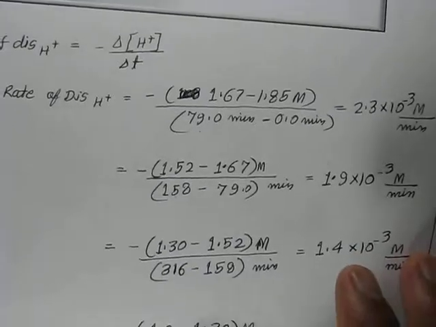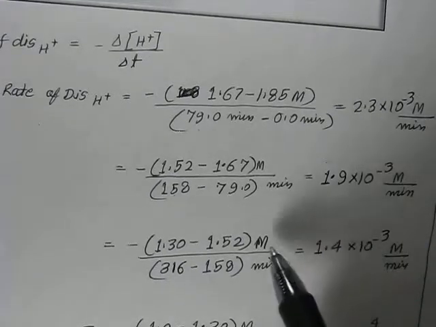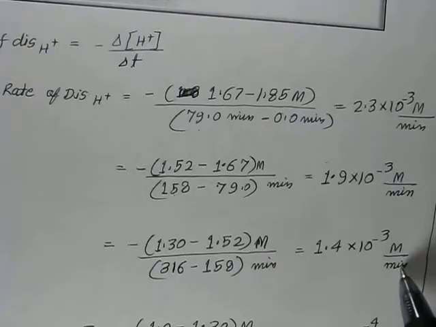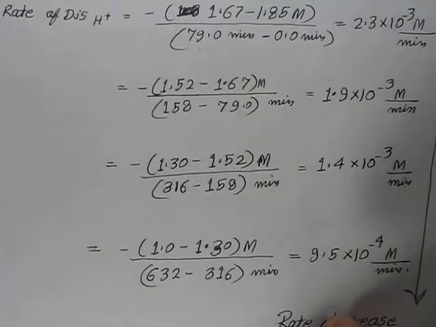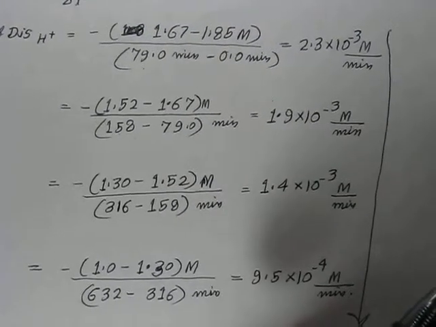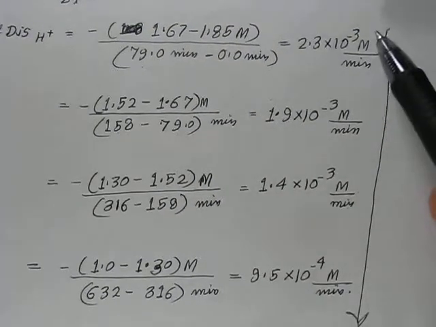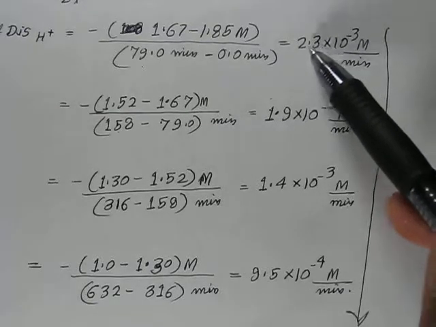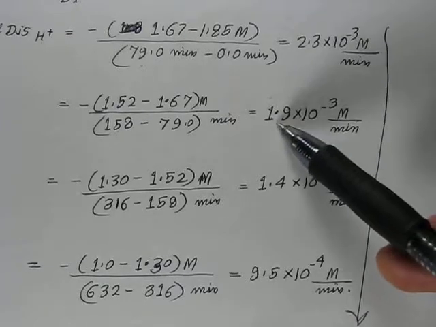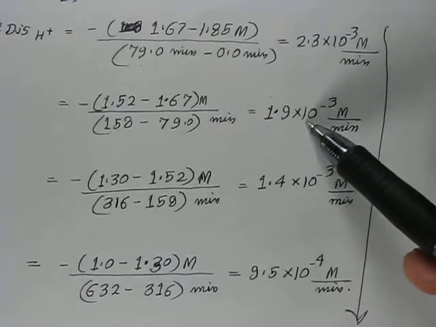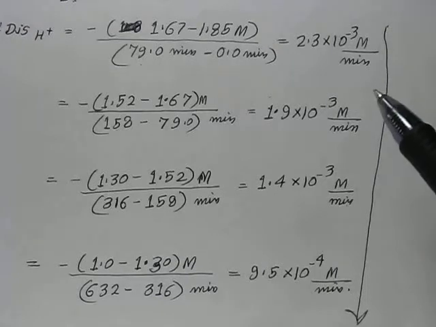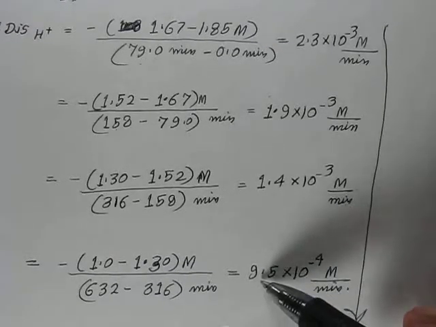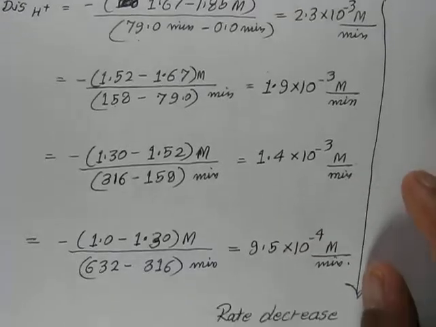In the same way, once you calculate the third, you will get 1.4 times 10 to the minus 3 molarity per minute, and then the fourth one. If you see the trend, the initial rate was 2.3 times 10 to the minus 3, then it decreases to 1.9 times 10 to the minus 3, then again decreases to 1.4 times 10 to the minus 3, then again decreases to 9.5 times 10 to the minus 4.